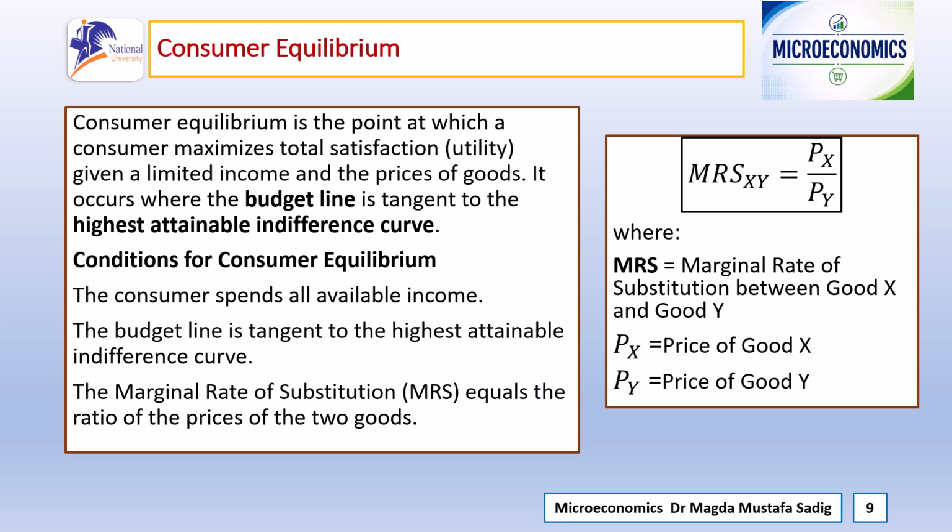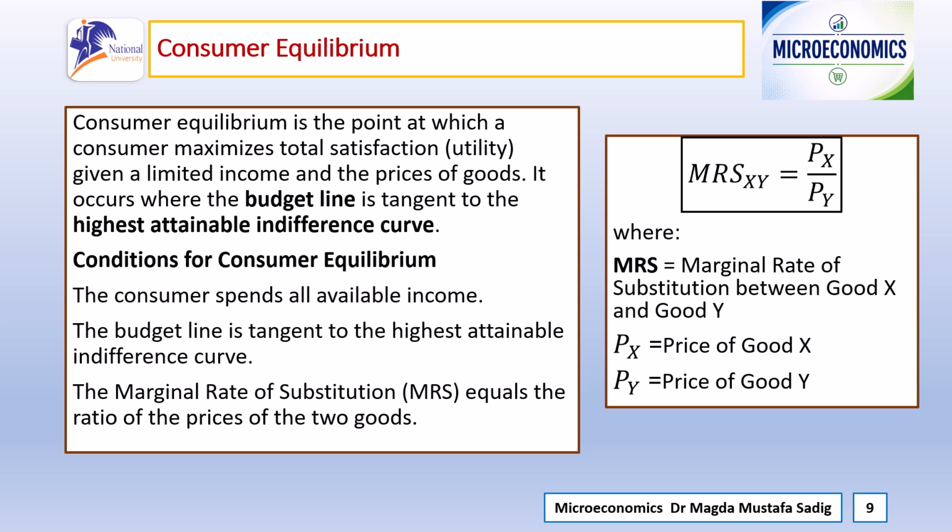Three conditions must be satisfied for consumer equilibrium. The first is that the consumer spends all available income. The second is that the budget line touches the highest attainable indifference curve.